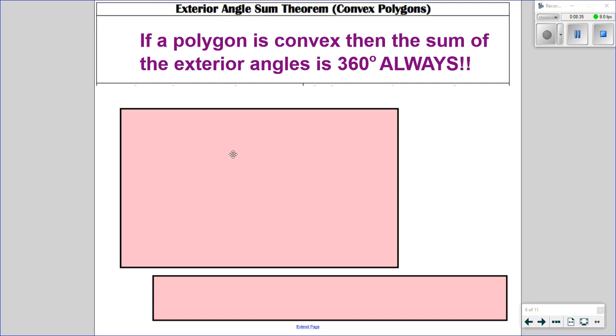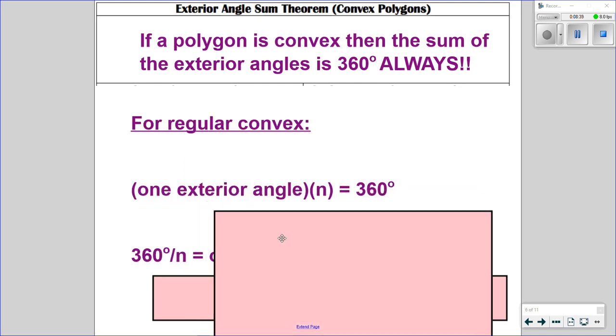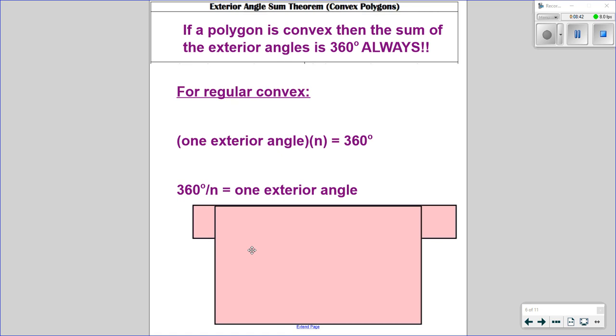If we were to do it for another shape, then it would work out the same way. So for a regular convex polygon, when it comes to the formula, it would be one exterior angle times how many sides there are to give you the 360. Or if you have to find one exterior angle, you do 360 divided by n. It's just basically using the same formula, just set up to find whatever you're looking for.